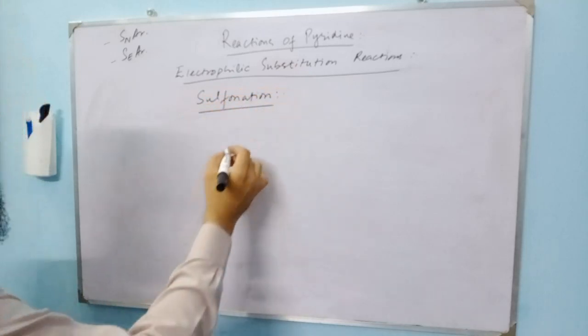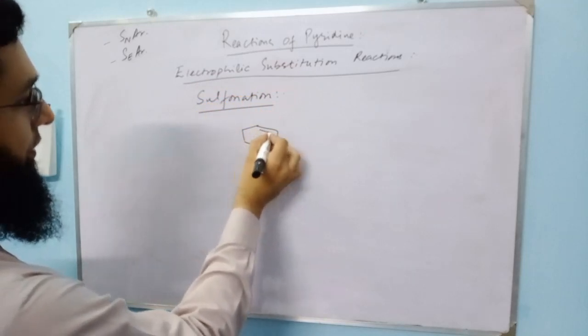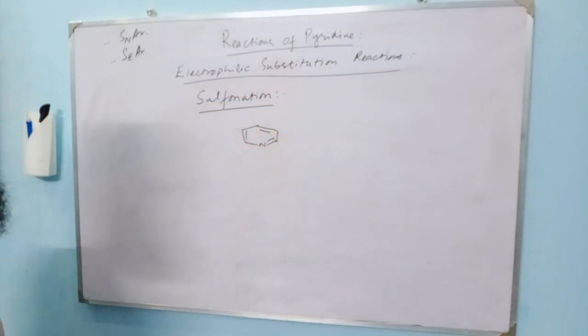Next reaction is sulfonation, and in this case different reagents can be used to form sulfonic acid derivatives of pyridine.